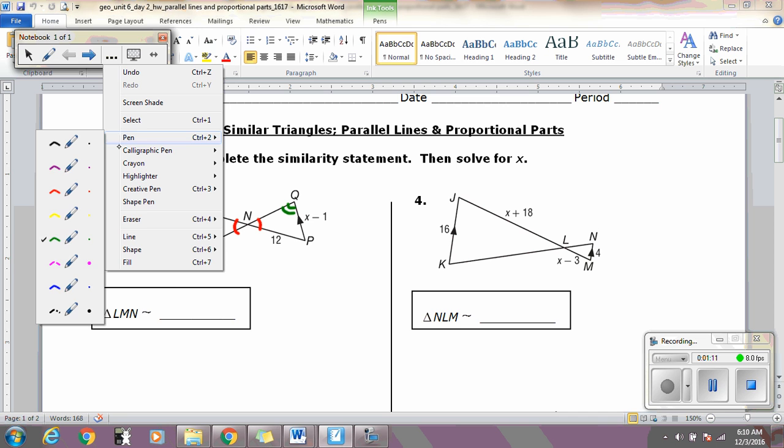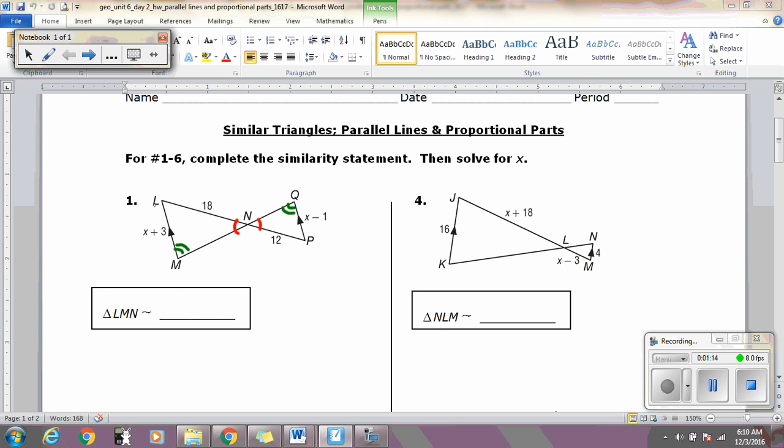And then that leaves L to be congruent with P, again because they're alternate interior. So we're looking first, the first triangle they listed was triangle LMN. So we would need to say it's similar to triangle PQN.